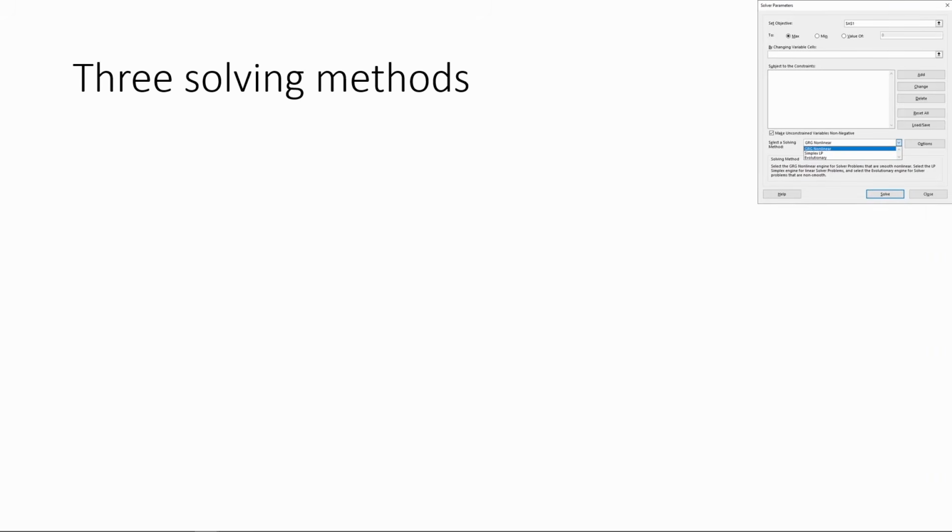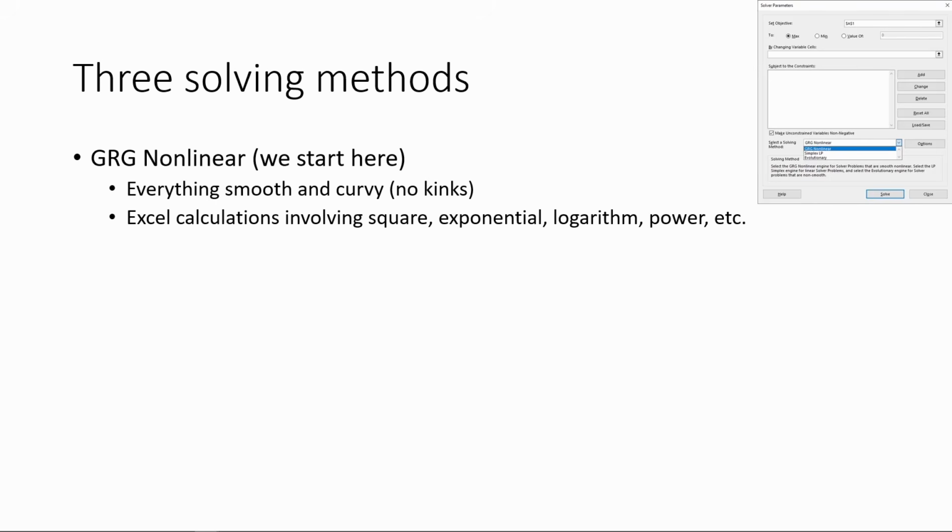Excel's solver offers 3 solving methods. First, by default, is GRG Nonlinear. This is where we start. This solving method, generally speaking, is fairly fast. It solves smooth or curvy types of problems.